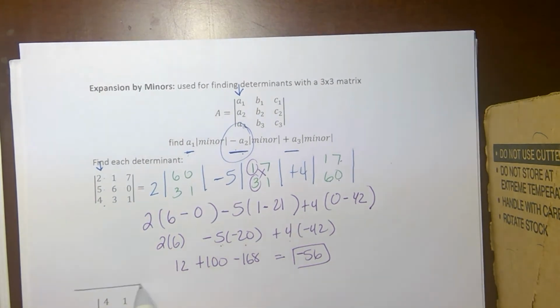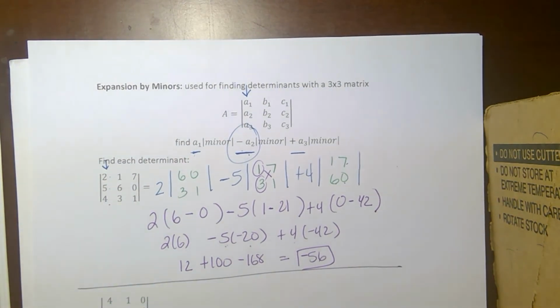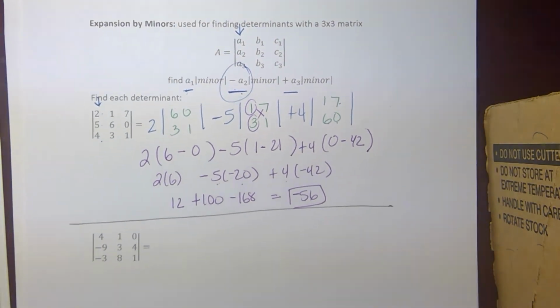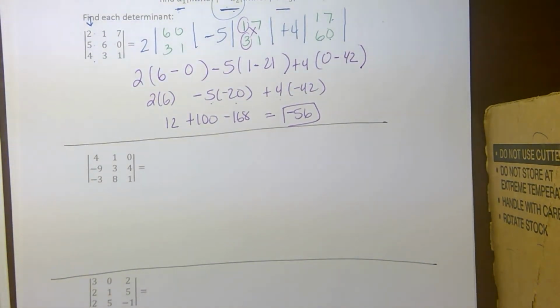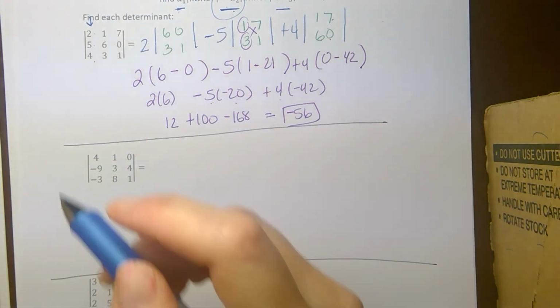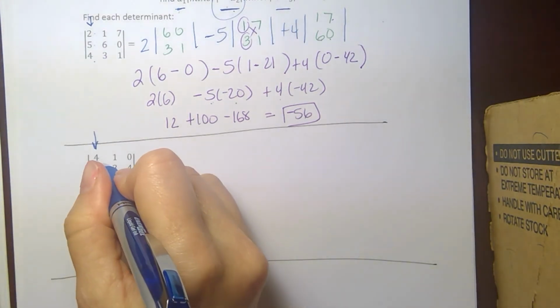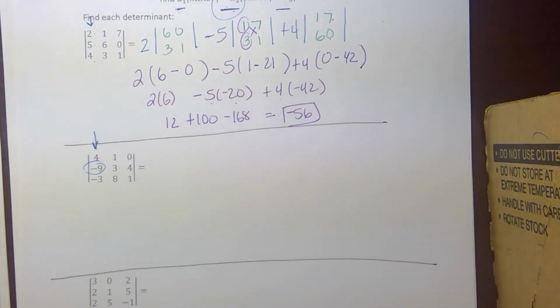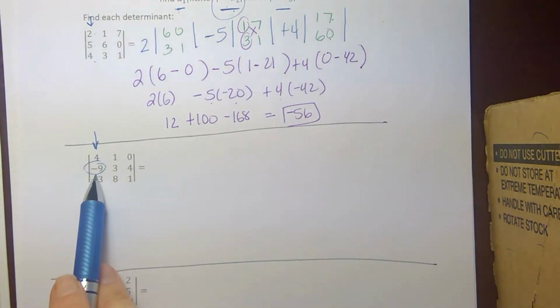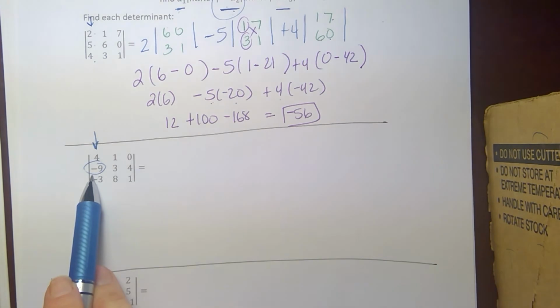Let's go again. So remember, you're going to set out 3 different terms. You're going to start by using the values in the first column. And you're going to change the sign on the middle one, because that would be minus. In this case, it's minus a negative 9, so it changes to plus 9.